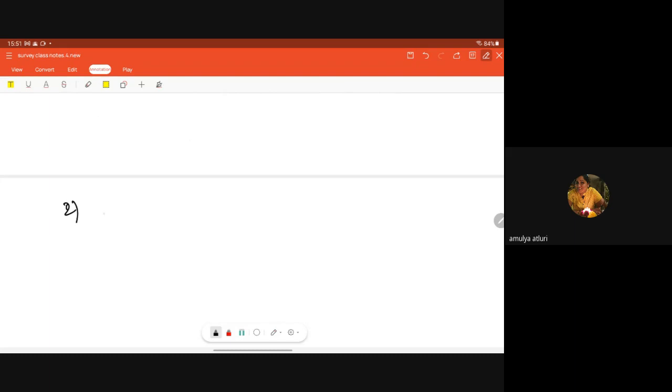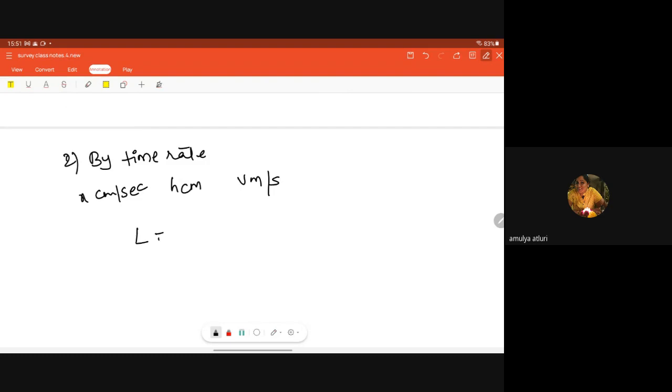Next, second point, by time rate. Let the time rate of application be x centimeters per second, and let the super elevation be h centimeters and the speed be v meters per second. Then what will be the length? Length is equal to velocity into time, right?